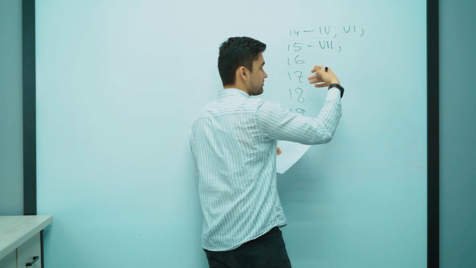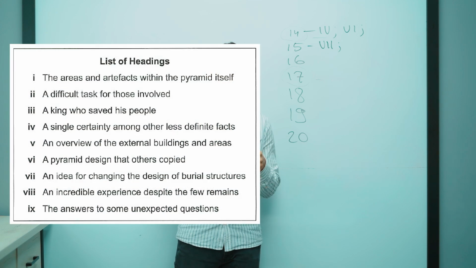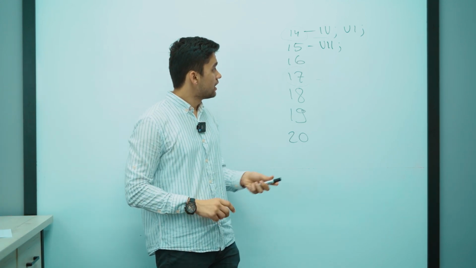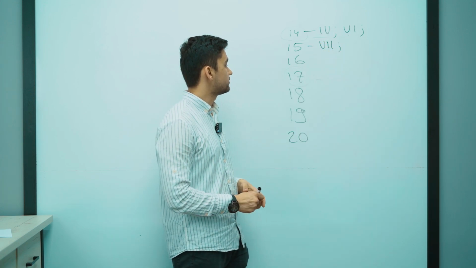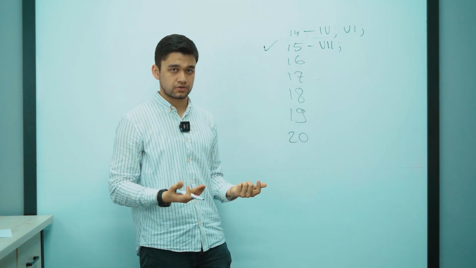And of course, I may have other maybe answers, that's why I continue reading. "An incredible experience despite the few remains." No. "The answer to some unexpected questions" is also no. So what you can see here, guys, is we have only one maybe answer. We don't have two maybe answers, which means that 15 is already, in my opinion, correct.